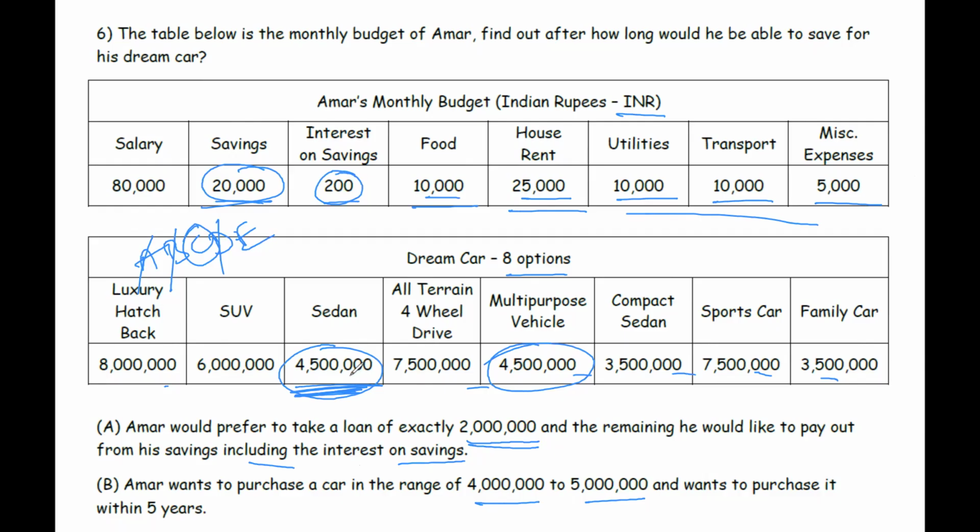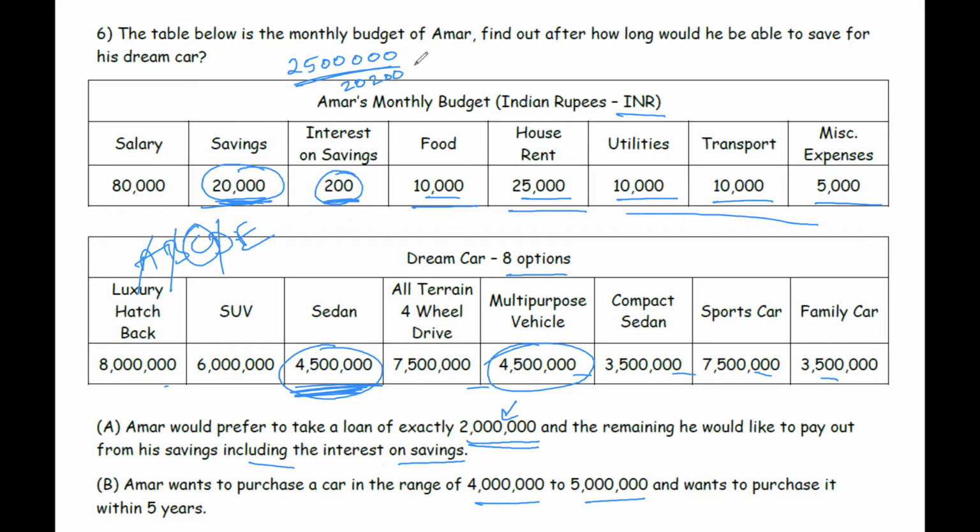If he's taking a 2 million loan, and he's paying using both savings and interest on savings, then we need to figure out for 2,500,000, because out of the 4,500,000, 2 million is a loan, and the remaining he's paying through this part, savings and interest on savings. So this is 20,200.